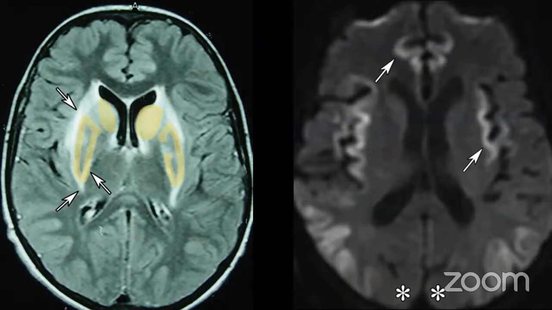The surrounding external capsule is involved, sparing the extreme capsule and the claustrum to some extent, but they are edematous and extending. The insula in this particular patient on the left is spared. It is just the basal ganglia that is preferentially affected, and the surrounding white matter as an extension of the pathology, but not particularly the cortical ribbon.